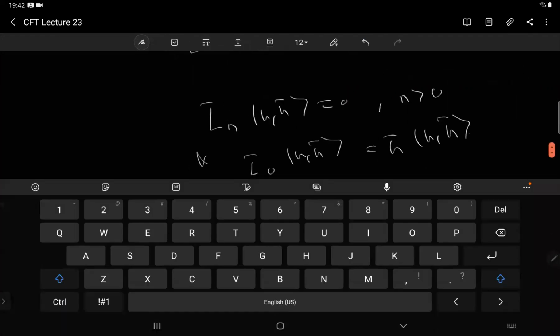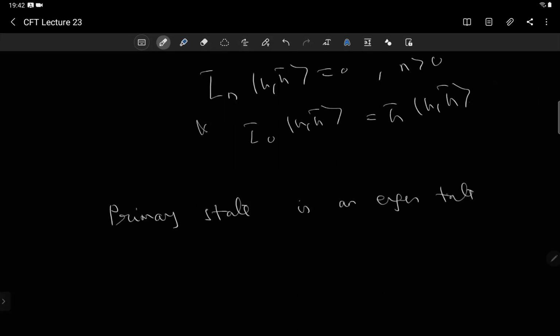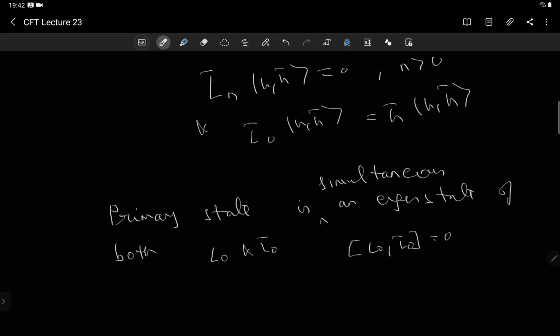Okay, so now we can say that the definition of a primary state is a simultaneous eigenstate of both L0 and L0 bar. Because you have to remember that L and L bar commute, so they can have simultaneous eigenstates.